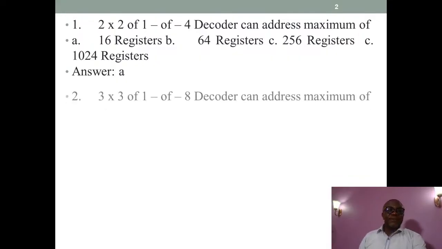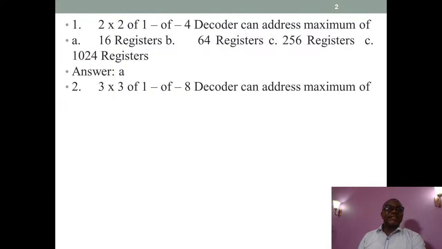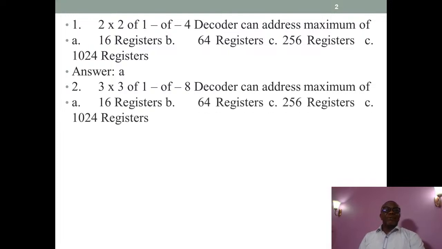Now, if we extend that same thing, when we talk of 3x3 decoder, it means that we can have a maximum of 3 bits, that is 0 to 7, which is 8. That is why you can select a maximum of 1 out of 8. That is the meaning of 3x3.